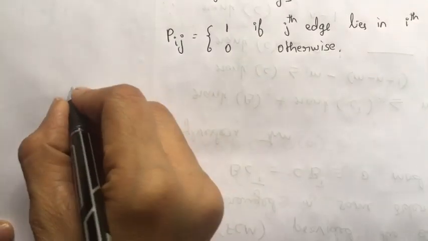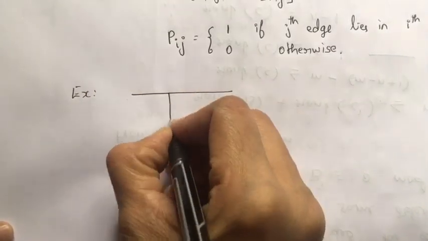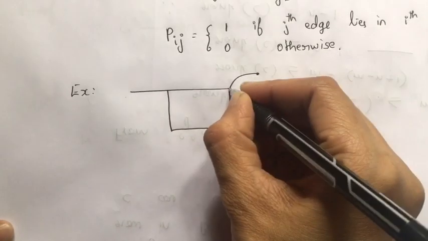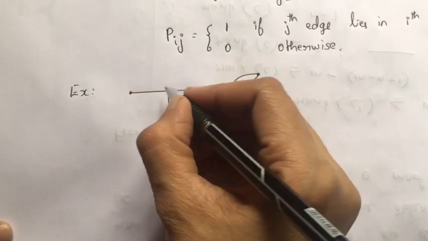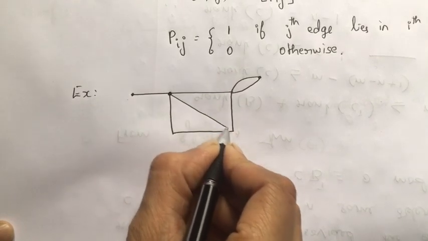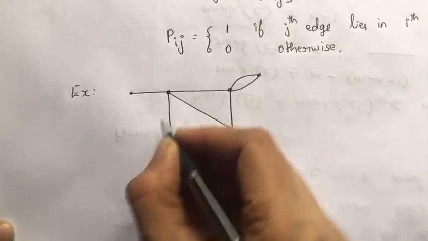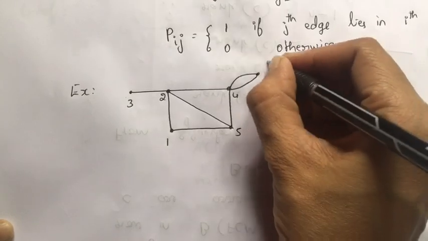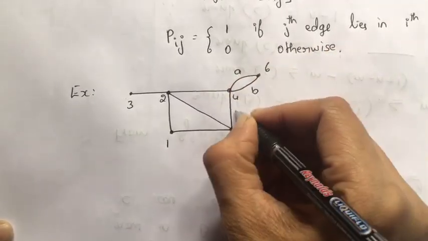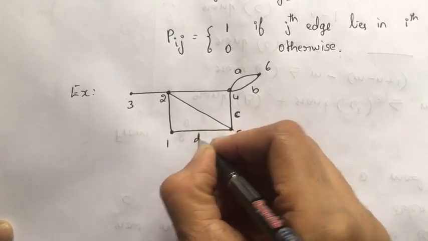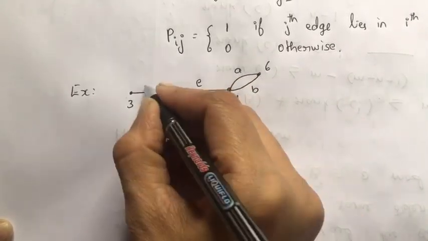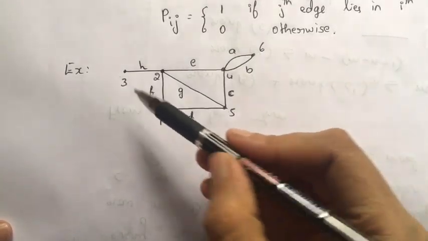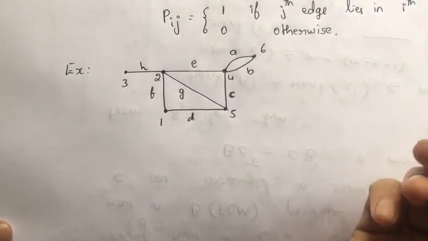Suppose I have a graph like this, with vertices 1, 2, 3, 4, 5, 6 and edges A, B, C, D, E, F, G and H. Now suppose I consider vertices 3 and 4.